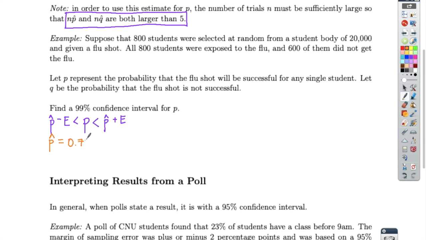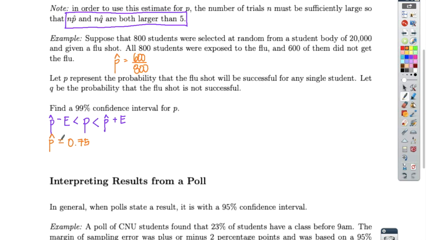So we already have that value. That's just from the warm-up. Remember, we just did 600 over 800 for that estimate of the probability of success. Basically, it's like our sample probability of success.